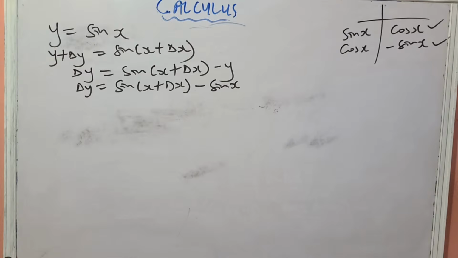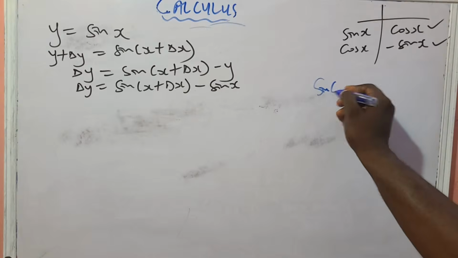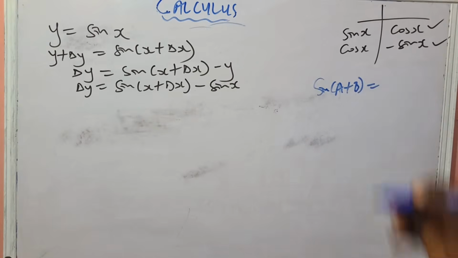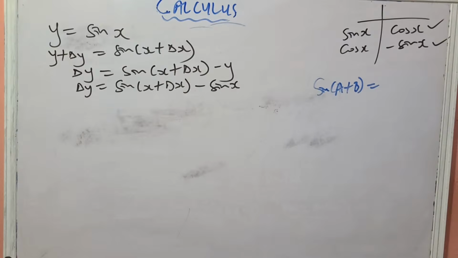So what do you want to do right here? You want to recollect that sine a plus b, which I believe some of you know already, or all of you probably. You know that your sine a plus b is equal to what? Is there anybody here that remembers it?